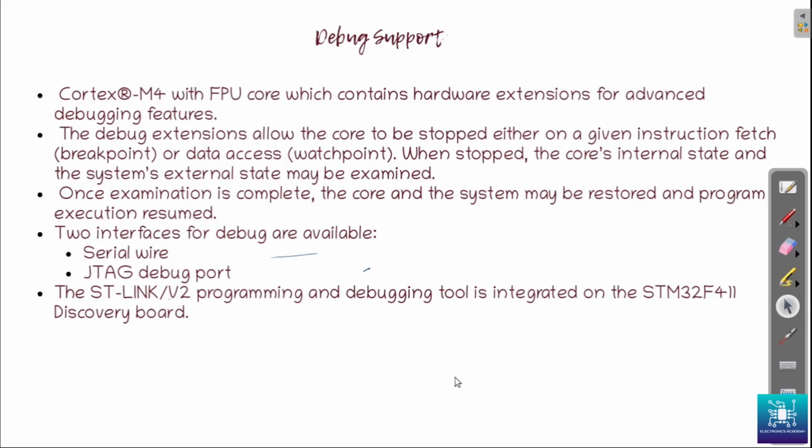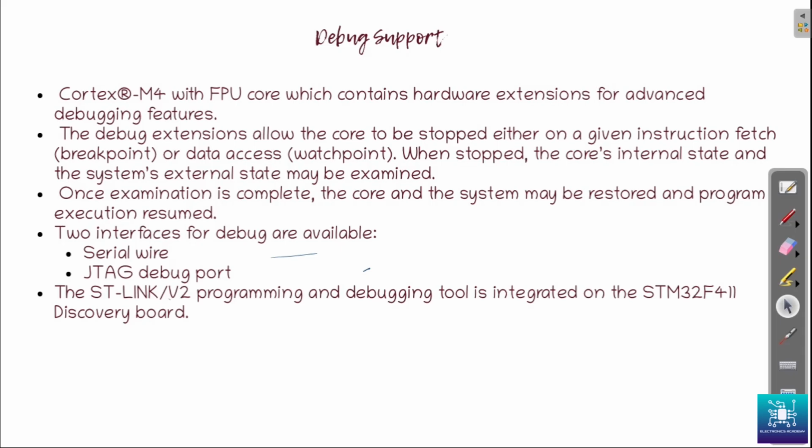Now, the Cortex-M4 with floating point unit core also contains hardware extensions for advanced debugging features. The debug extensions allow the core to be stopped either on a given instruction fetch, that is a breakpoint, or a data access, that is a watchpoint. When stopped, the core's internal state and the system's external state may be examined. So you can stop the processor, and then you can examine the state of the registers, the state of the memory, and so on.